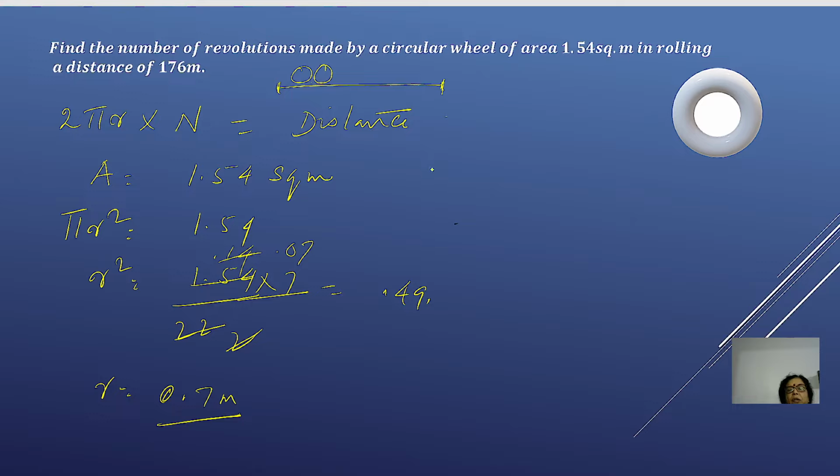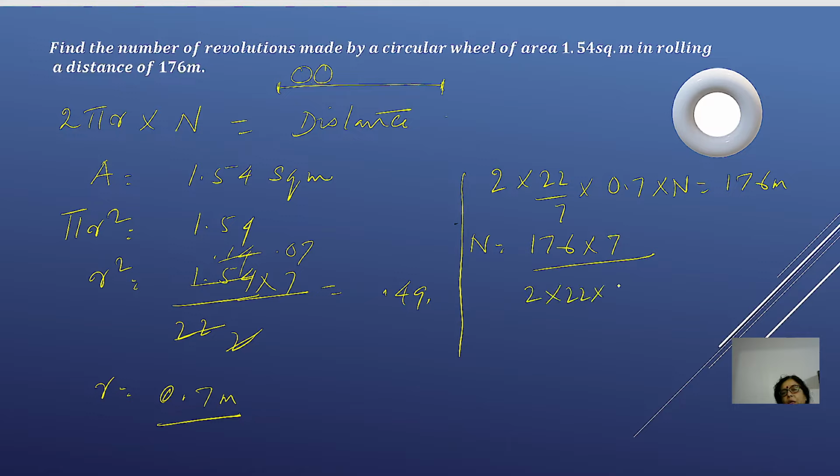Now moving on, getting back to the first formula over here, 2 into 22 by 7 into 0.7 into the number of revolutions of distance, that is 176 meters. So n will be equal to 176 into 7. 7 goes to the numerator, and in the denominator we are left with 2 into 22 into 0.7.